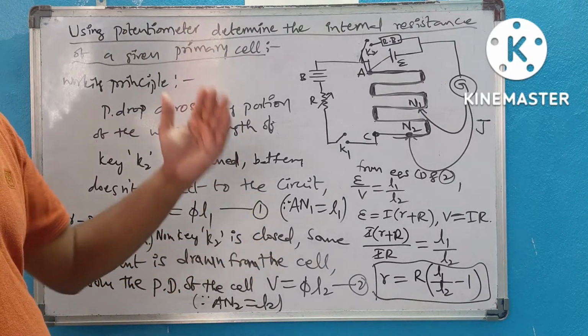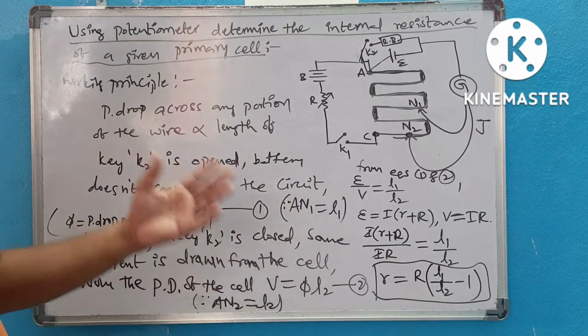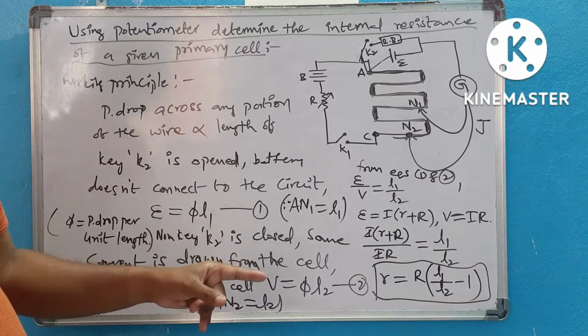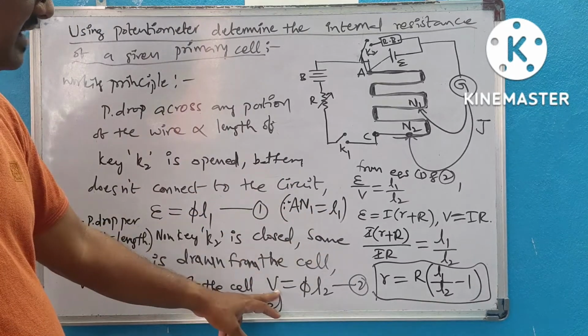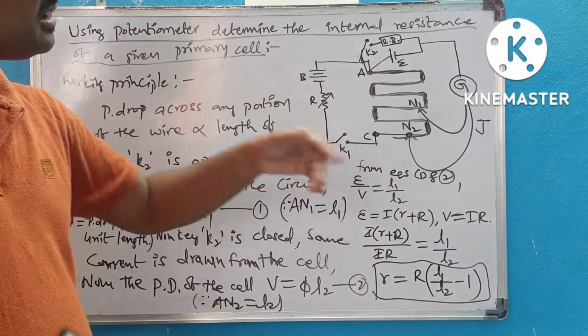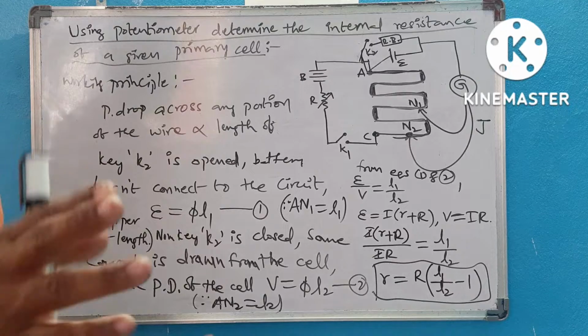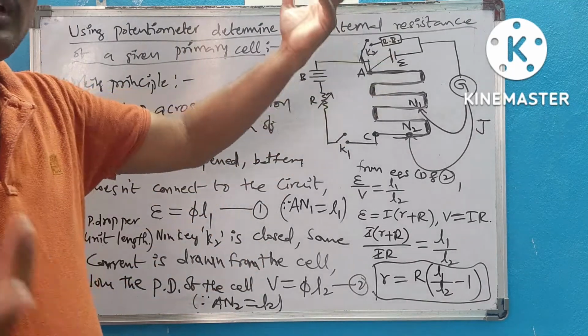This question is the same as the previous one, comparing the EMFs of the two cells, but a small change is here. First we write EMF, second we write V. Why? Because first the cell is not connected to the circuit, so it has the maximum potential difference, which is called EMF.